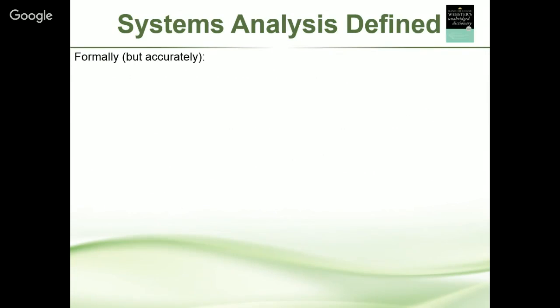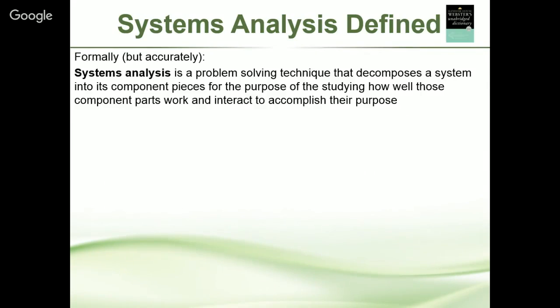First, let's define systems analysis. There's a very formal definition, but it's pretty accurate. It's a problem-solving technique. What it does is break a system down into its component pieces in order to understand how they work together and how well they work together. Systems analysis can be used on a single complex system, let's say a complex application or a business function.